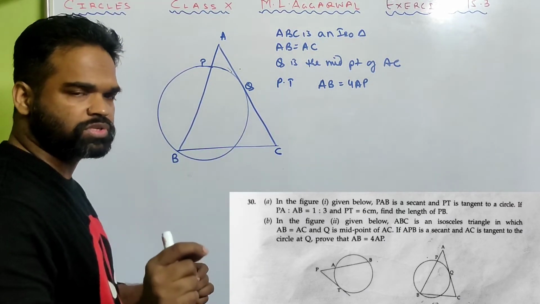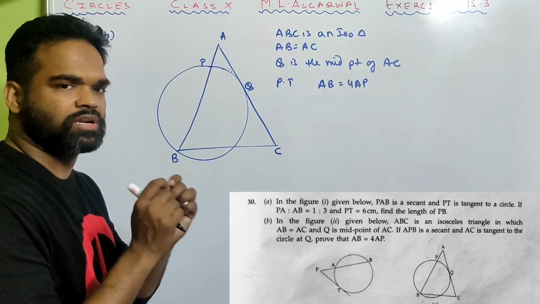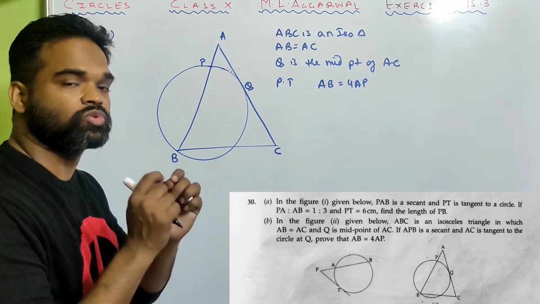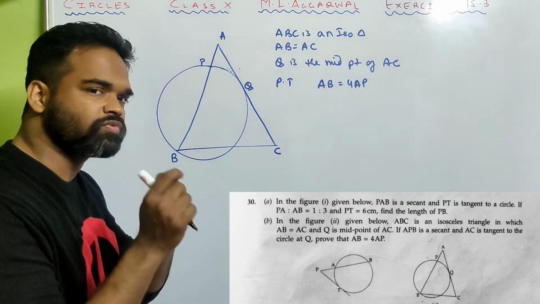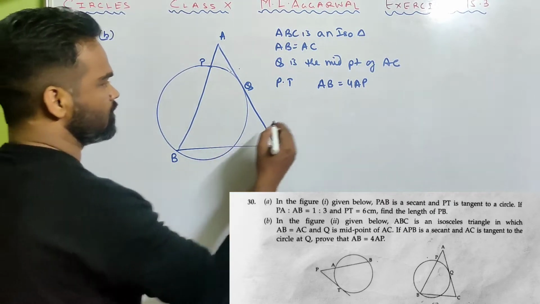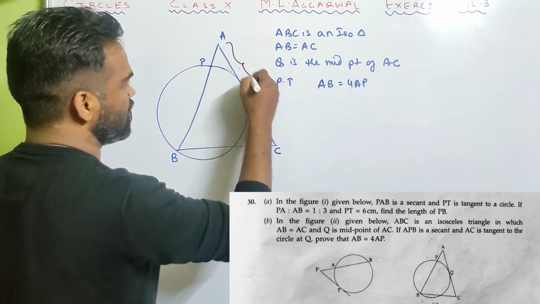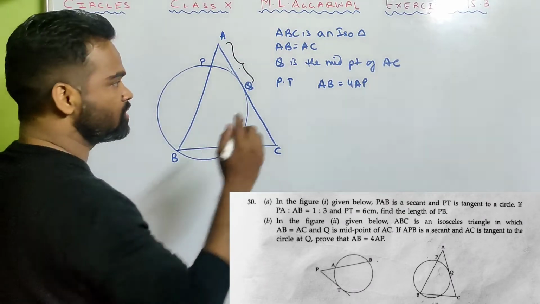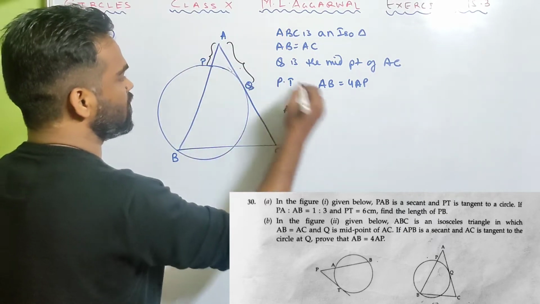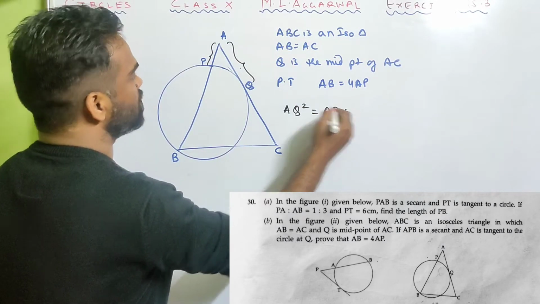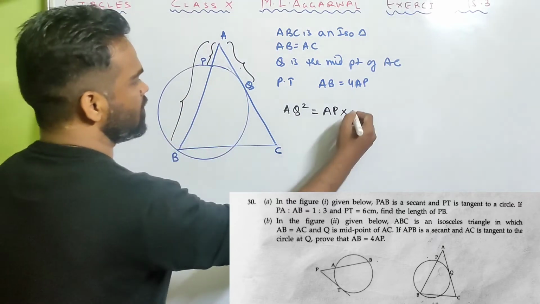Just now we have used the theorem that when a tangent and a chord meet externally, then the square of the tangent is equal to the product of the length of the segments formed by the chord. Now look over here. In this case, AQ is a tangent, so AQ square will be equal to AP multiplied by AB.